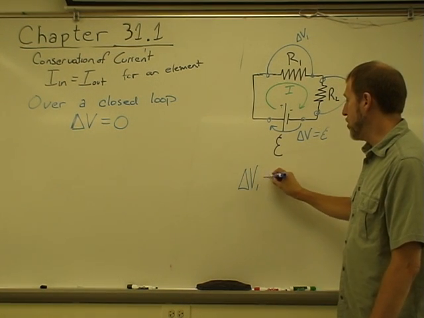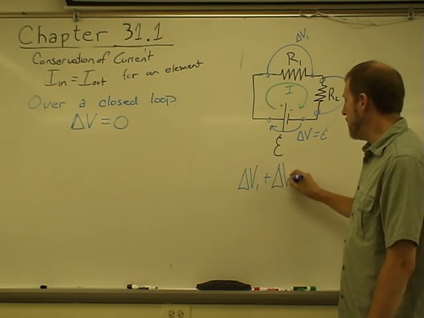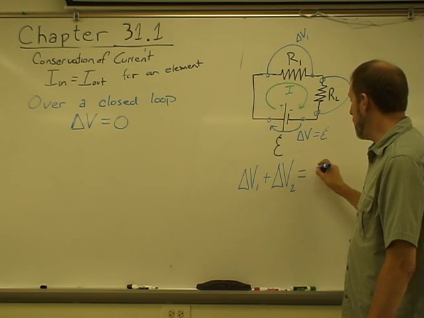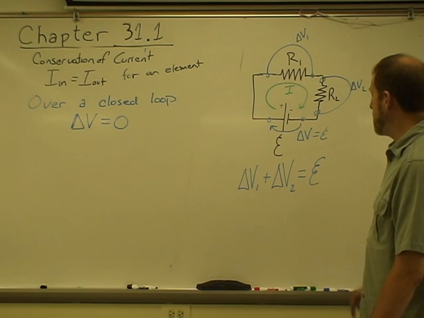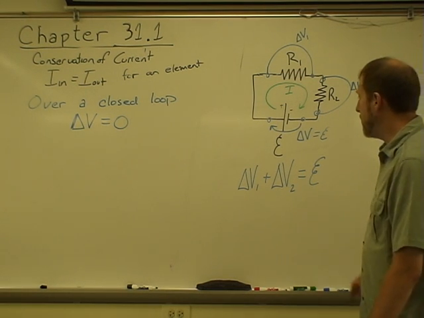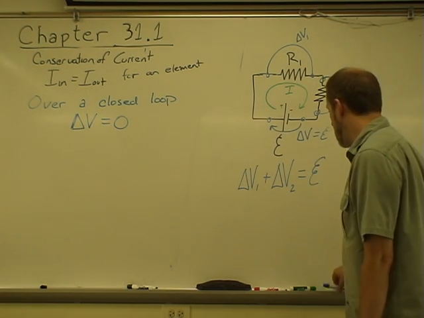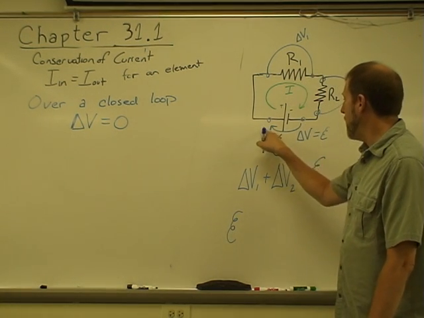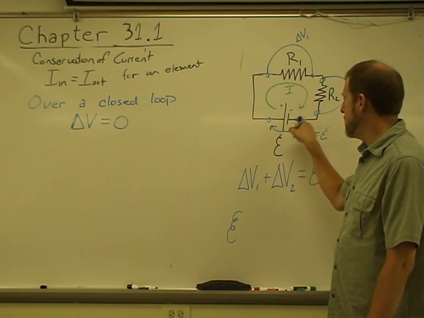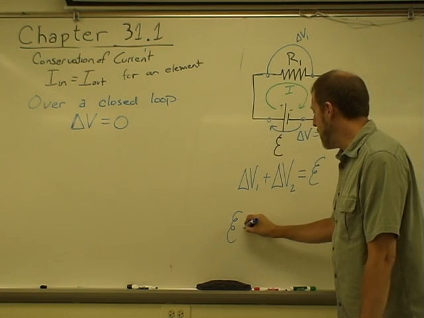The change in potential over resistor 1 plus the change in potential over resistor 2 have to be equal to the change in the potential over the battery, because over one entire loop, this will go up by that EMF of the battery.